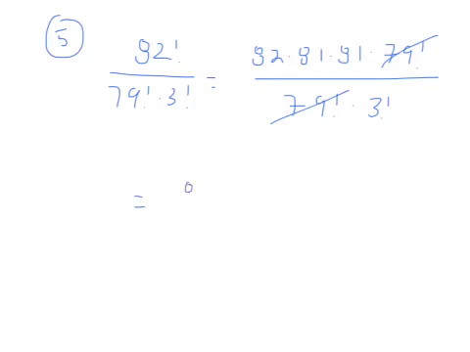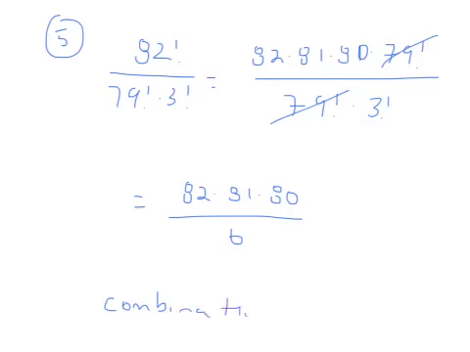I'm not going to multiply this out. You can do this on a calculator. That should have been 80 all over 6. And this is a combination problem, where you could either think of it as 82 things choose 79, which is equivalent to 82 things choose 3.